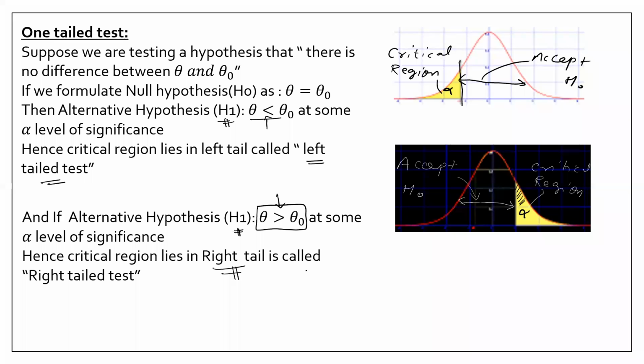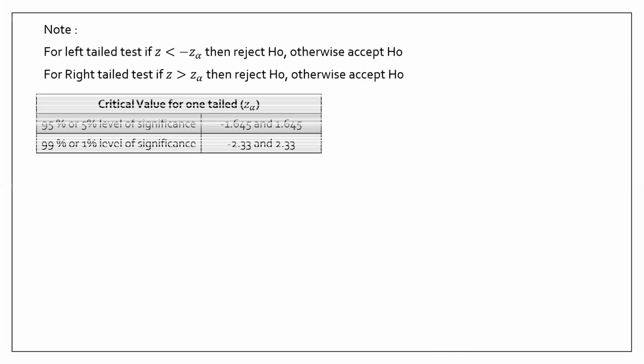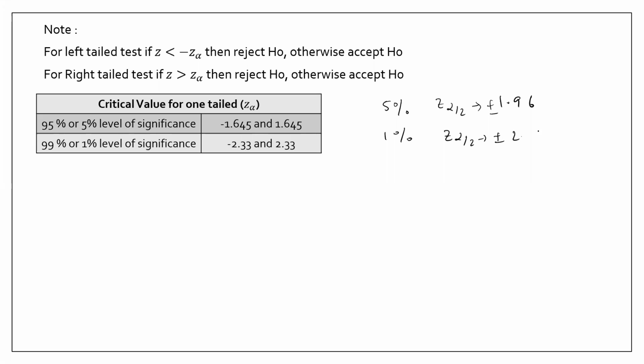Now the question is how to find the critical value. See here that the critical value has changed for the one tail test. For two tail test at 5% level of significance, the value of Z alpha by 2 was plus minus 1.96, and at 1% Z alpha by 2 was plus minus 2.58.